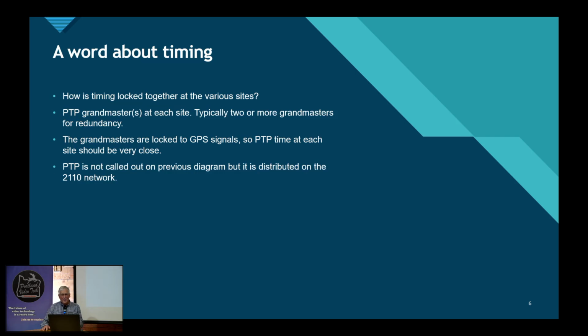So PTP time at each site should be very close. On the previous diagram, I didn't call out PTP, but it is distributed on the 2110 media network, and just assumed to be there, available for all of the devices on those networks.